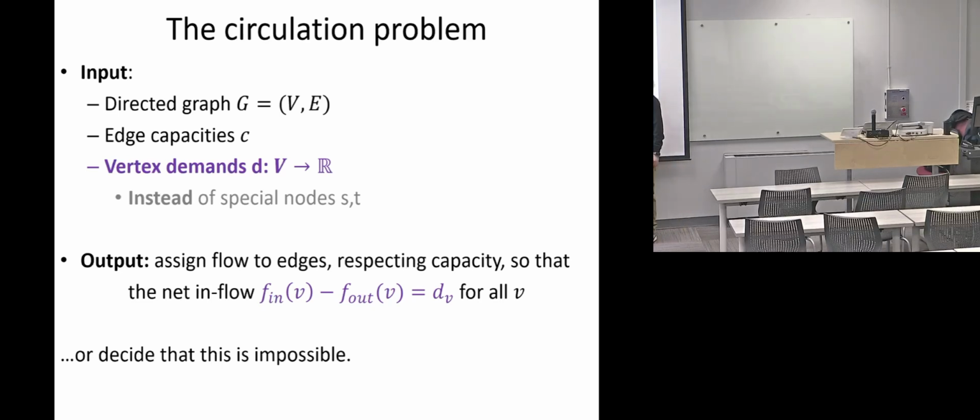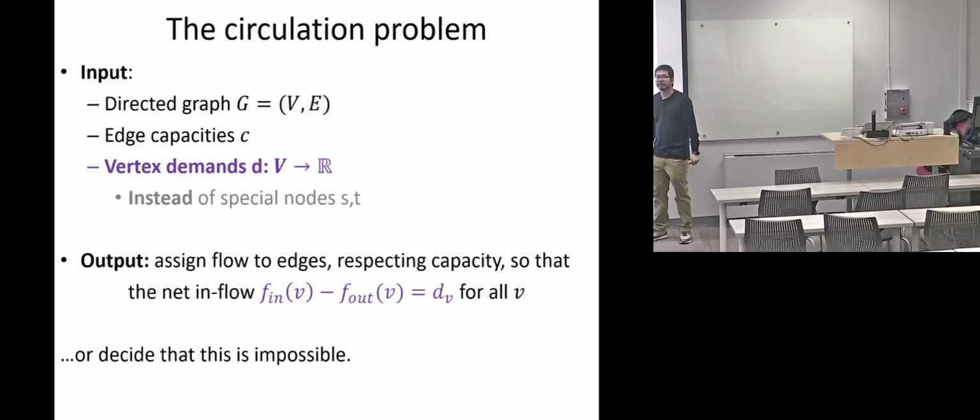So this is the net flow into V. If the demand is positive, you should have some total flow into that node. If the demand is negative, then it's a supply node. If the demand is negative 10, then the total flow out of that node should be 10.